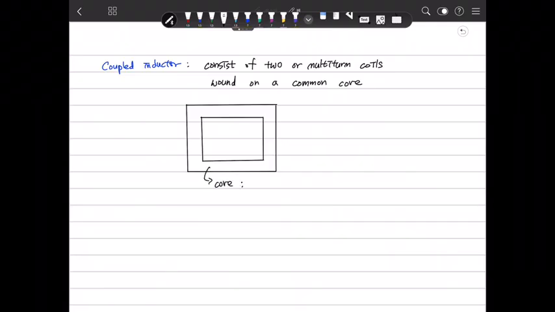Generally, the core consists of silicon steel or iron, the two things.